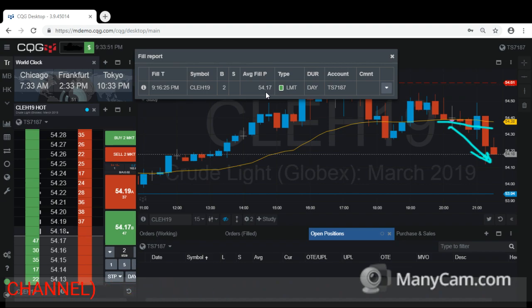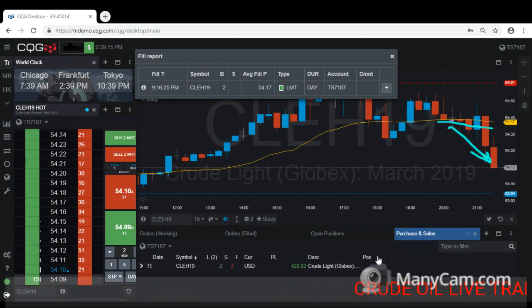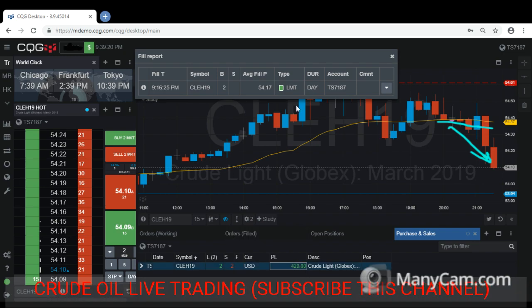So it was a good trade after all. I have earned a total profit of 420 US dollars just now during this London session and pre-US session. So this is the total profit, 420. I shorted my position just now.